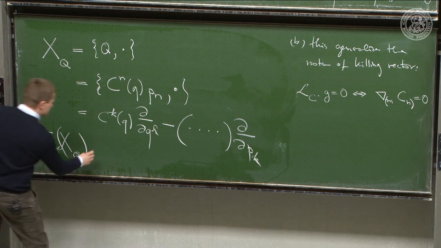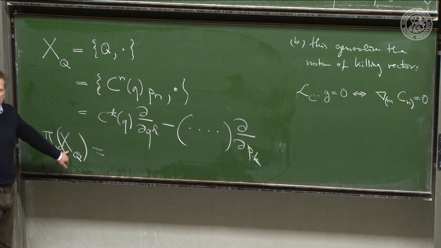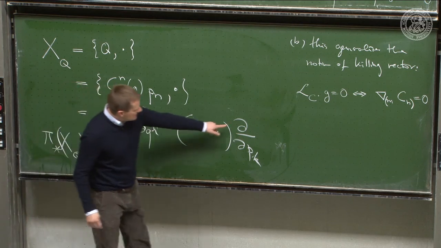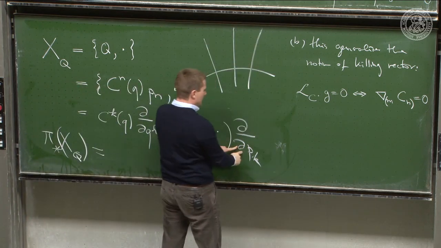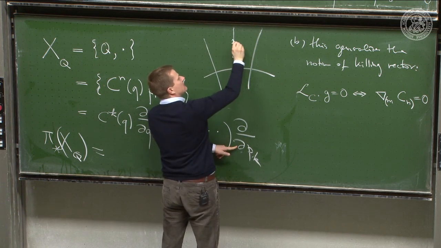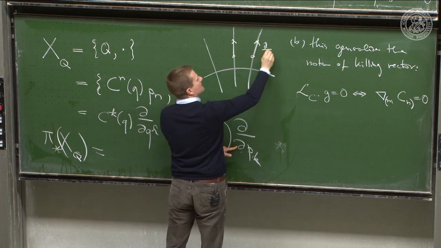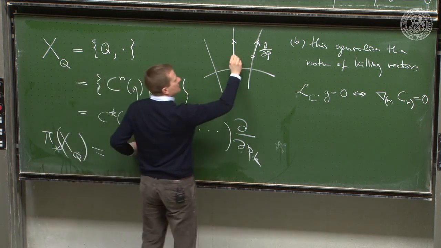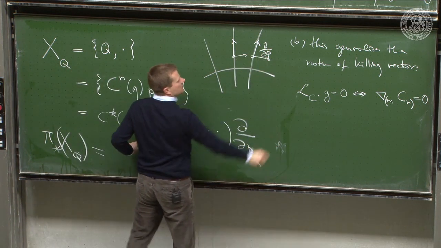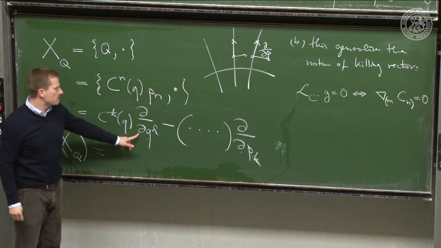Well, in order for it to exist, what's the push forward? If you have the bundle and these are the fibers, these tangent vectors, the d by dp's, are always in the direction of the fibers. And these tangent vectors, d by dq's, are always in the direction of the base manifold.